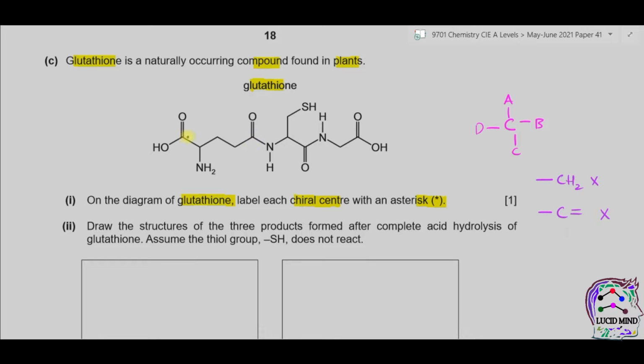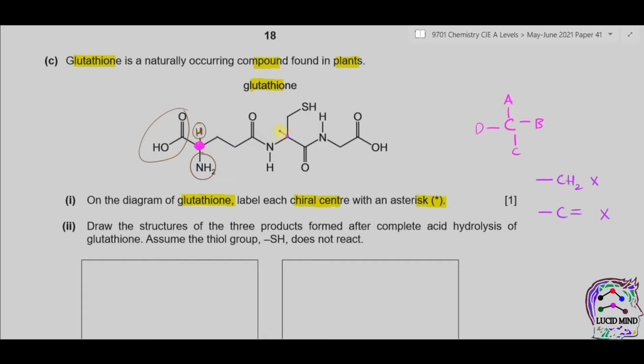Let's look into the structure. This carbon is making double bond, so it is not chiral. This carbon has 1 hydrogen atom also present. So one group is hydrogen, one is NH2 and one is this whole group. So this one is chiral carbon. Moving towards next, this carbon has 2 hydrogens, so it is not chiral. Again 2 hydrogens, again double bond.